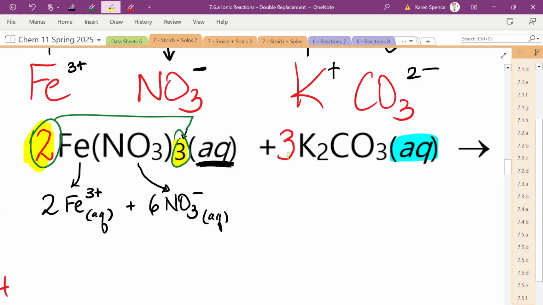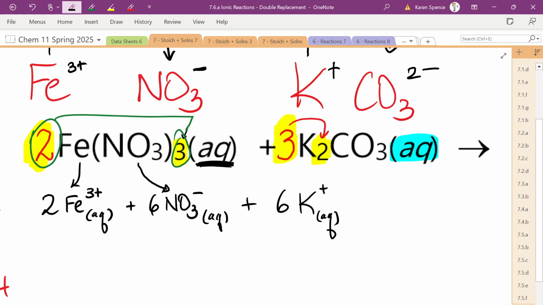Remember, both the coefficient and the subscript. 3 times 2 gives us 6 Ks. But not just 6K, 6K 1 plus, and aqueous. Don't get messed up here. How many carbonates do we have?